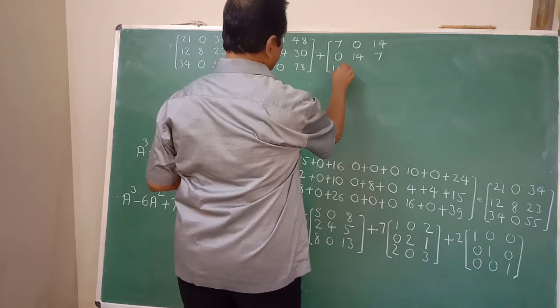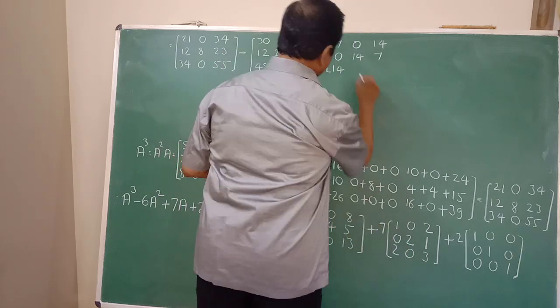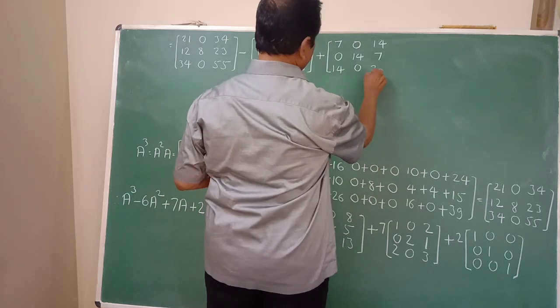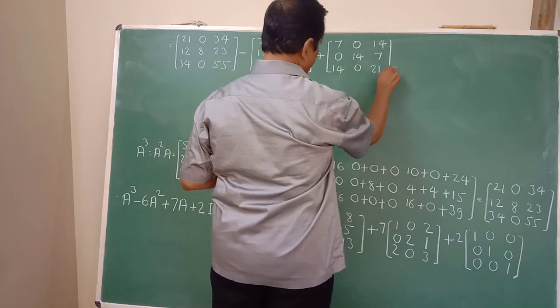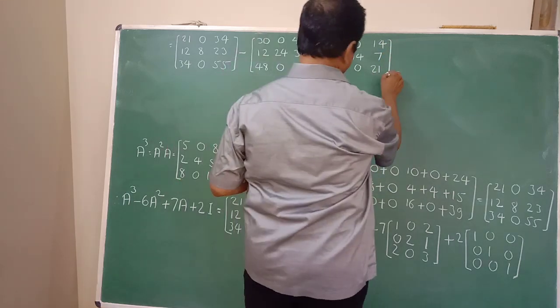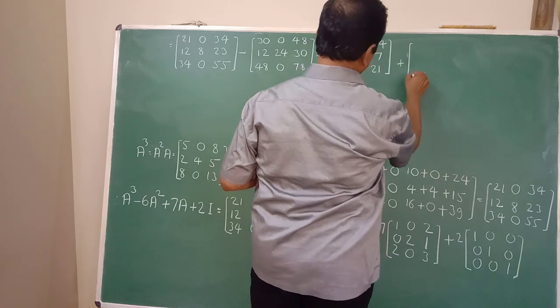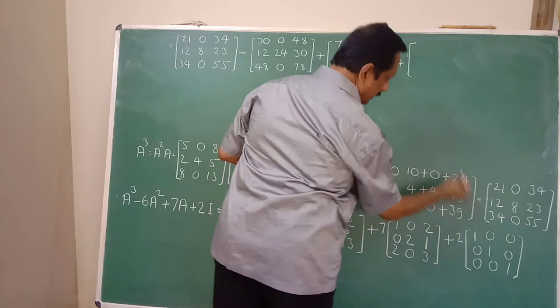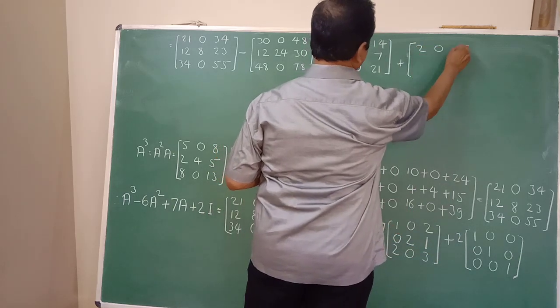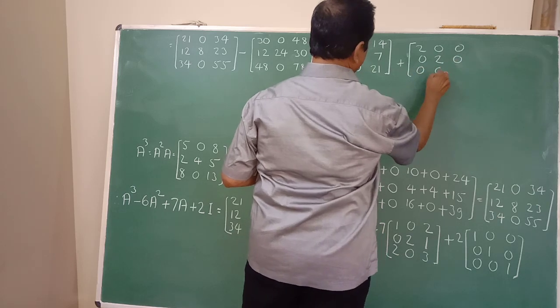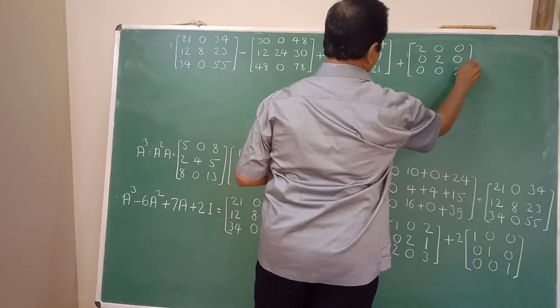So right here 14. 7 into 0 becomes 0. 7 3s are 21 here. So plus 21 here. Then a plus. Take a 2 inside the matrix here. Take this 2 inside here. So 2 0 0, 0 2 0, 0 0 2 here.